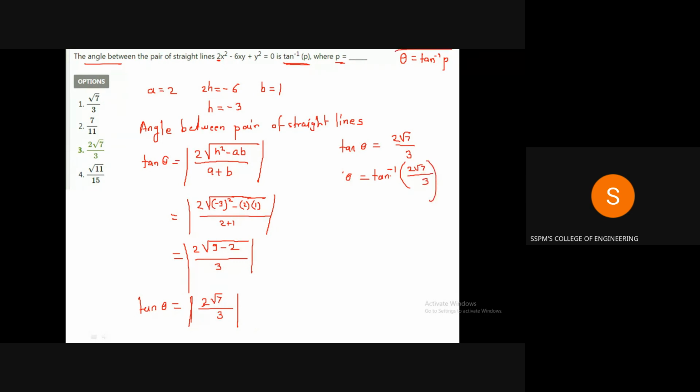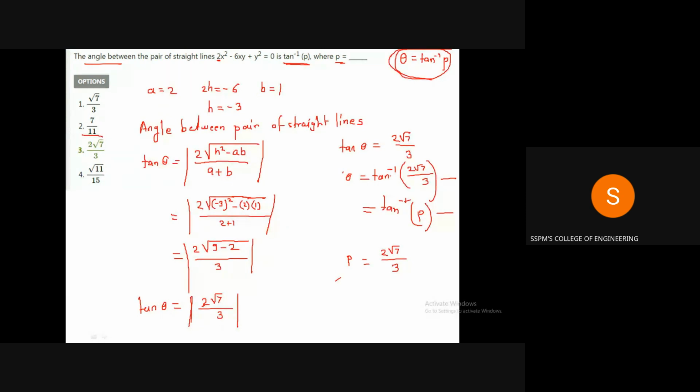But remember this, what is given? Theta is tan inverse p. It is given in the example. So theta is equal to tan inverse of p. So if we compare this term and this term, what is value of p? Value of p is 2 root 7 divided by 3.